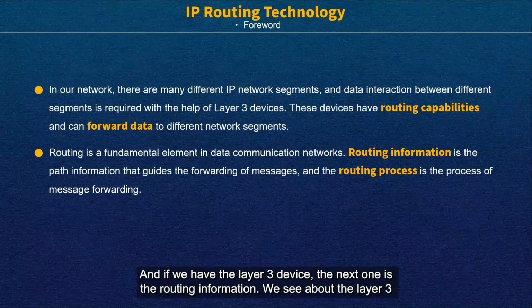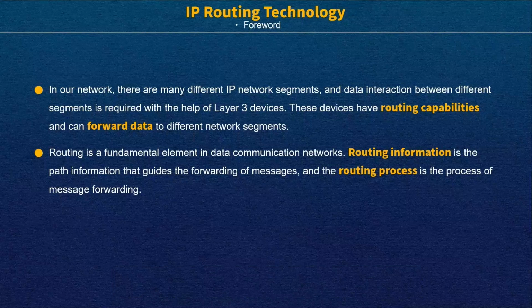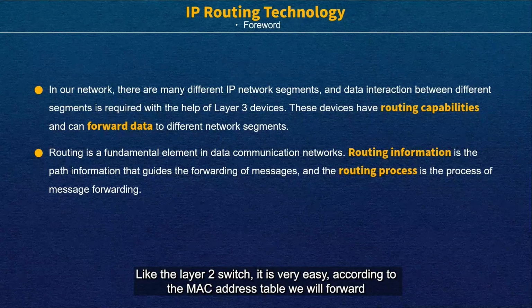And if we have the layer 3 device, the next one is the routing information. The layer 3 device can help us forward a message, and the next question is how to forward a message. A layer 2 switch is very easy: according to the MAC address table, we forward the message out.